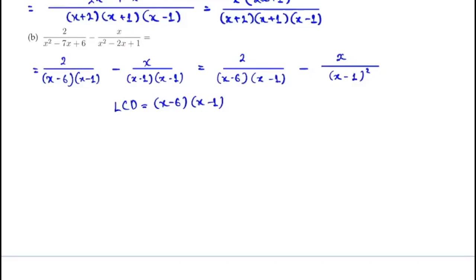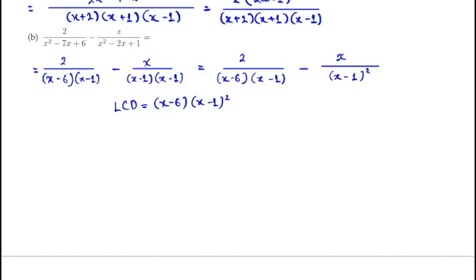But in this case, you have (x minus 1) squared. Okay, choose the highest power between the two factors here, x minus 1 and (x minus 1) squared. You choose the square. You okay with that? All right. So now the LCD is (x minus 6) times (x minus 1) squared. You okay with that approach? Any questions? Okay. So you got the LCD.